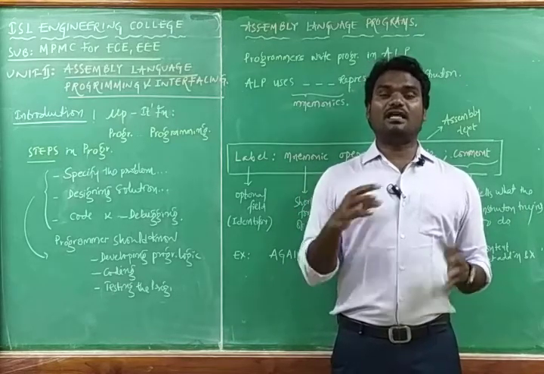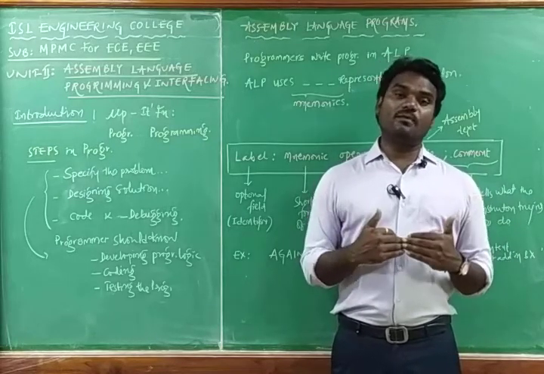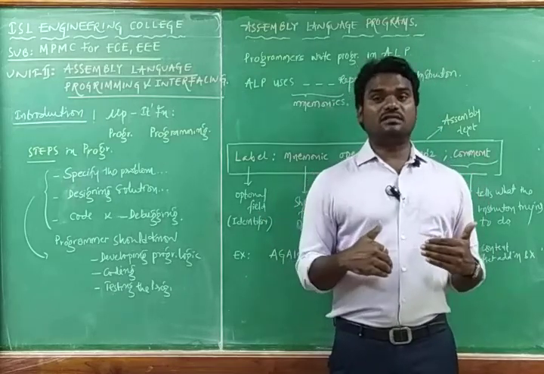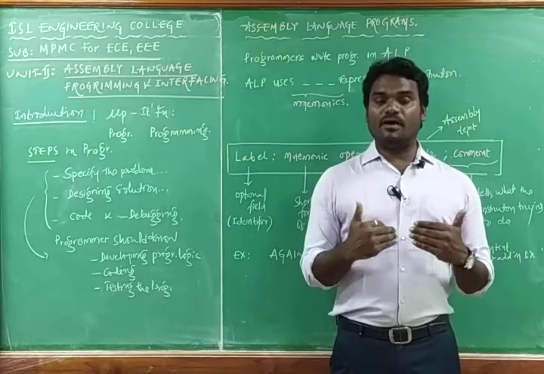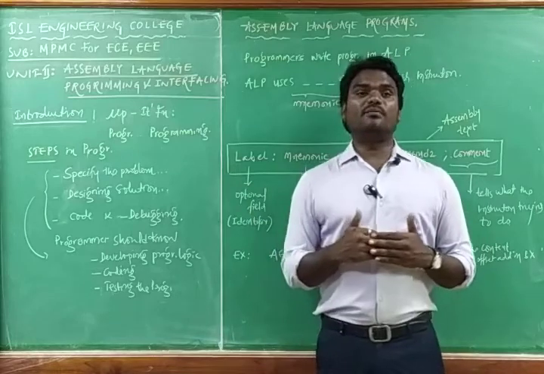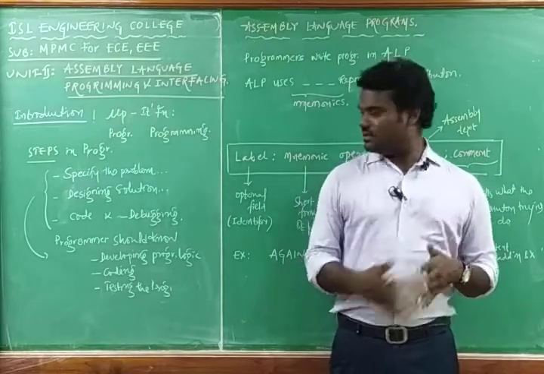After that, that program must be converted into code which can be readable by the processor. And after that, we have to test whether the specified task has been performed or not. By using the debugging process, we can identify and correct the errors in the coding. This is about debugging.